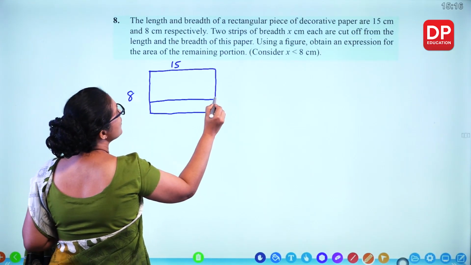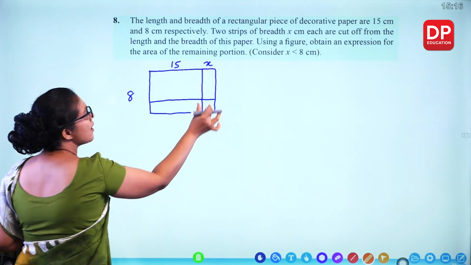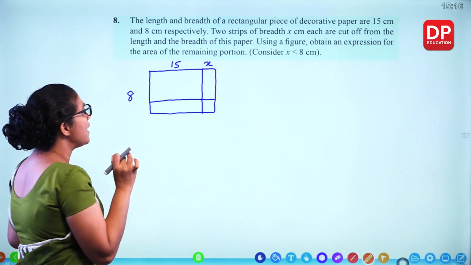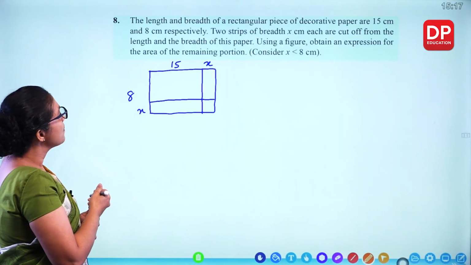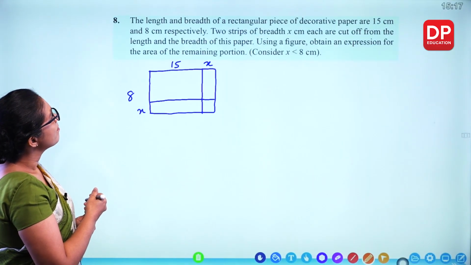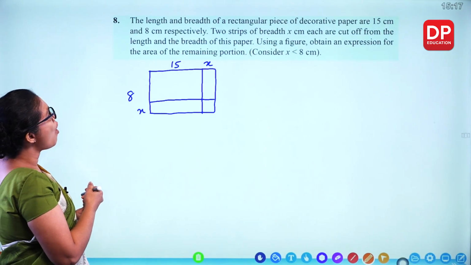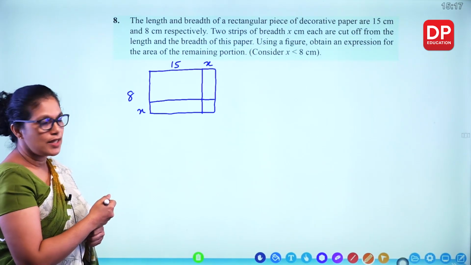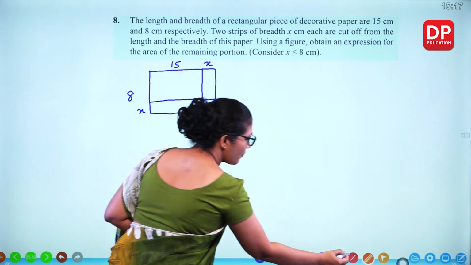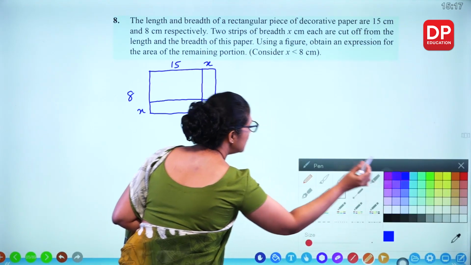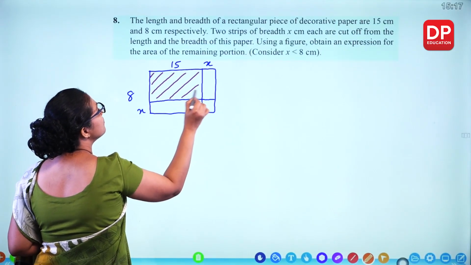So x length cut off from length, x length cut off from width. Using a figure, obtain an expression for the area of the remaining portion. So what's the remaining portion? This one. So this one is the remaining portion.